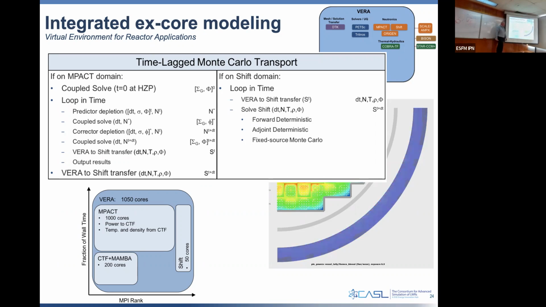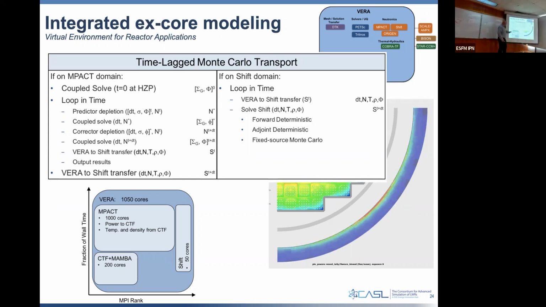If we added 50 processors to Shift, then in the time it takes to do the full coupled time solve for one IMPACT Cobra-TF coupled physics calculation, it could do that fluence calculation with its 50 processors. And so now our driving code would look like this.